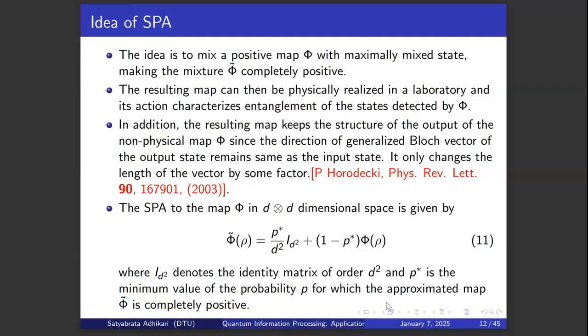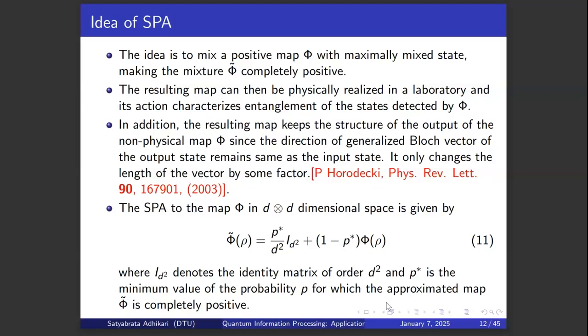What do you mean by structure? Structure means the direction of the vectors will remain the same after applying this SPA. But what is the key point here that transforms the positive map to a completely positive map?